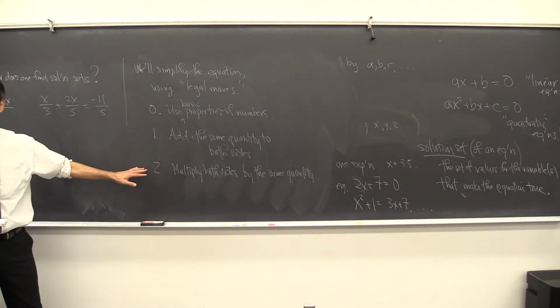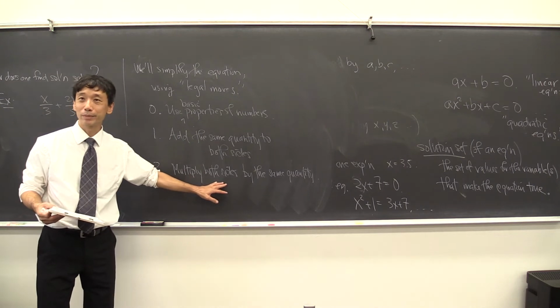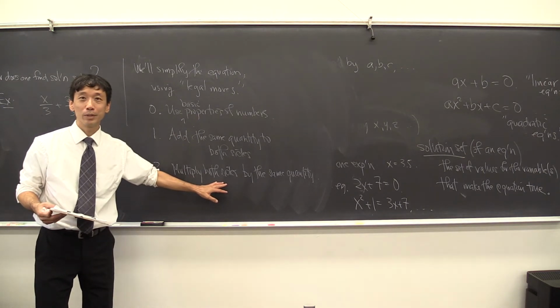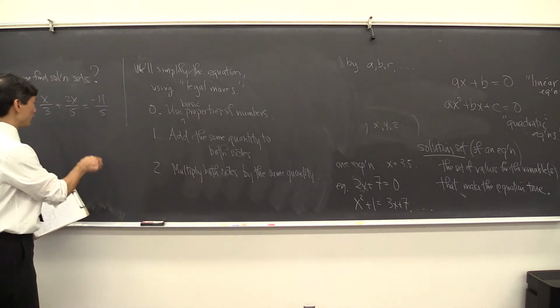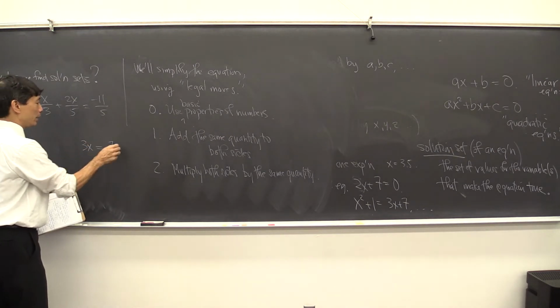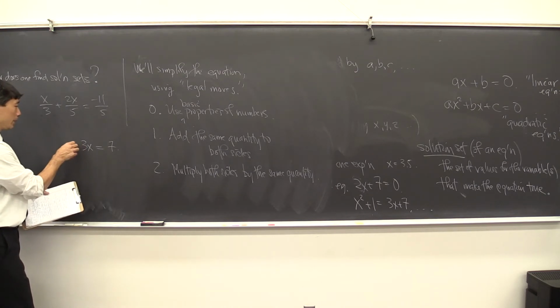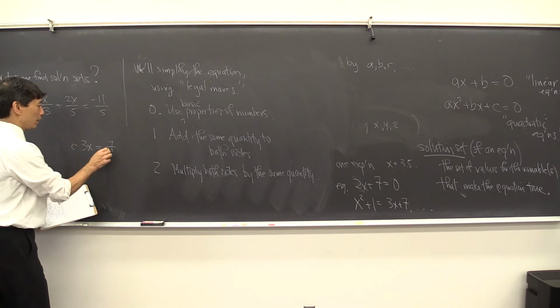Actually, I've just lied to you. That's not true, actually. What's wrong with this statement? Suppose I have an equation like 3x equals 7, and I say I'm allowed to multiply both sides as long as I multiply both sides by the same constant.